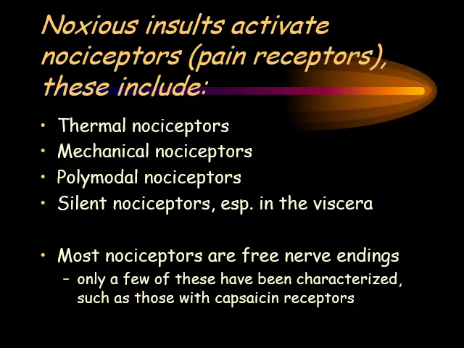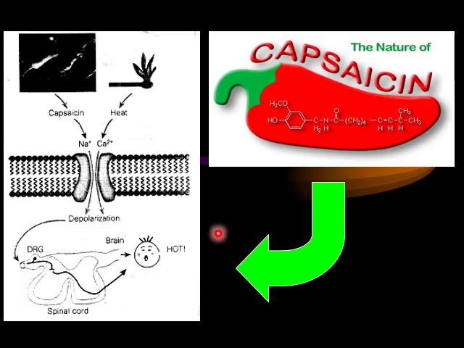They're essentially chemoreceptors. An example is seen here where capsaicin, a chemical component of the hot red chili pepper, will activate a channel that allows both sodium and calcium to enter the cell, causing depolarization, and sends its fiber up through the dorsal root ganglion, up through the dorsal root into the dorsal horn.